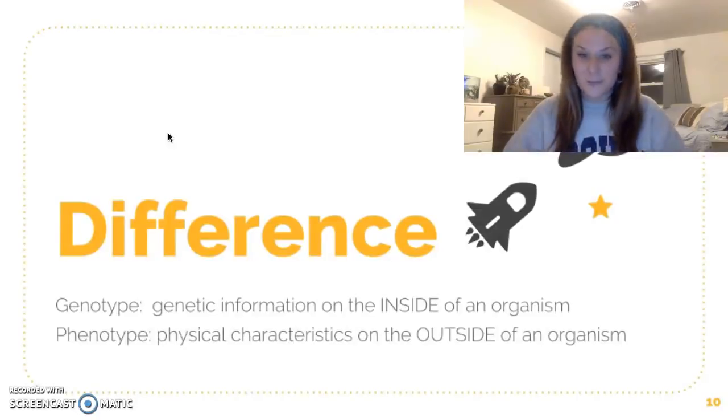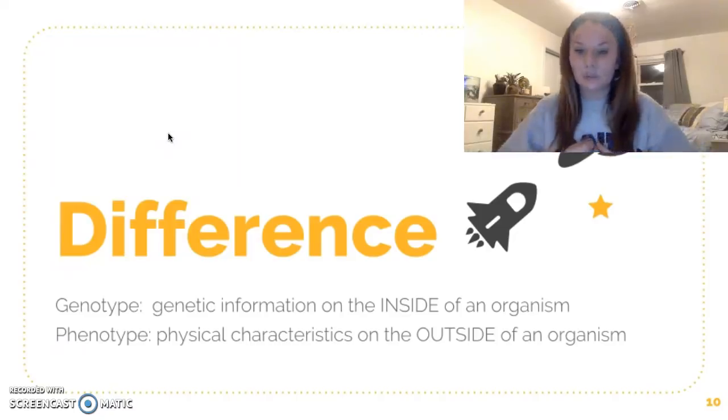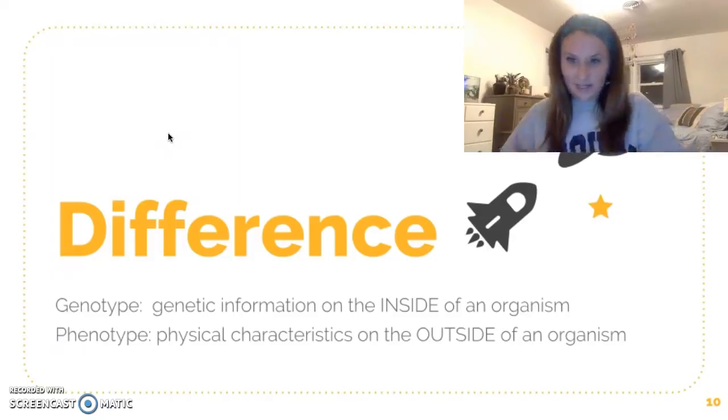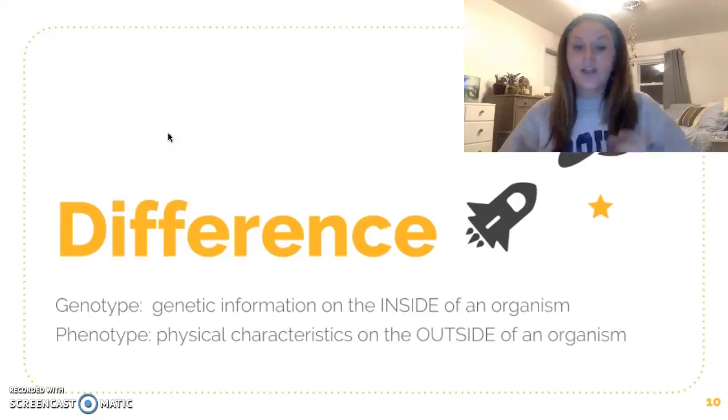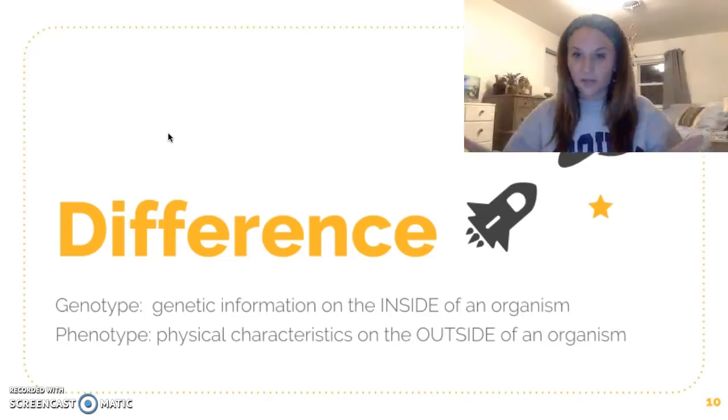So here's the difference. Genotype is the genetic information that's on the inside of the organism. Genotype, genetic information. The phenotype is the physical characteristics that are on the outside of the organism.